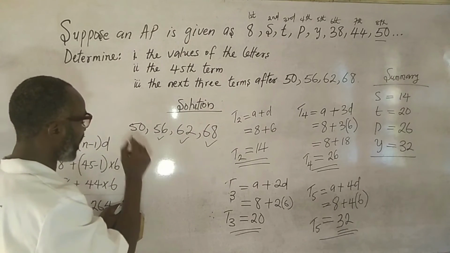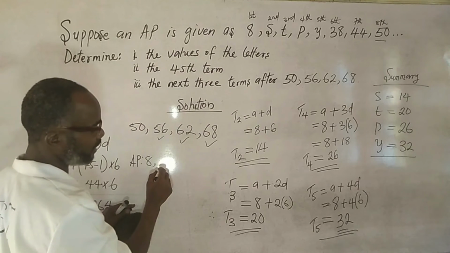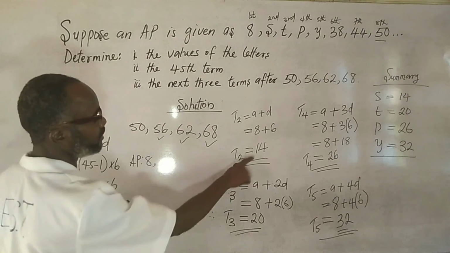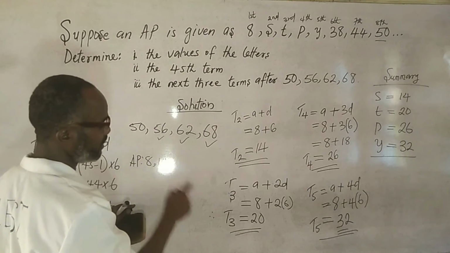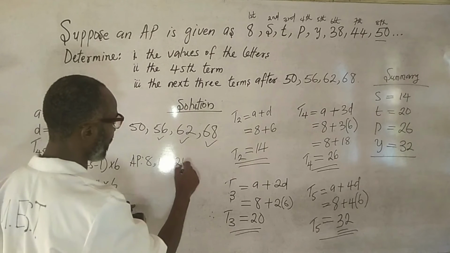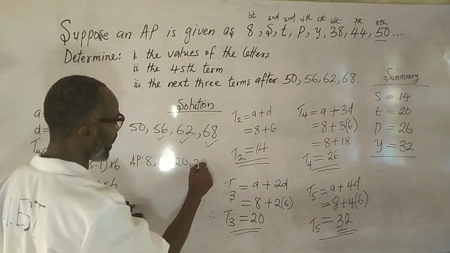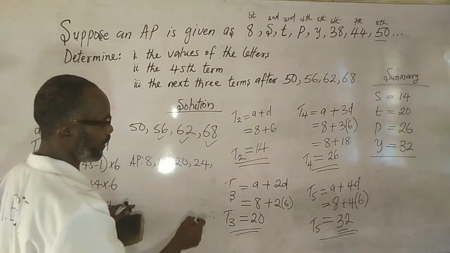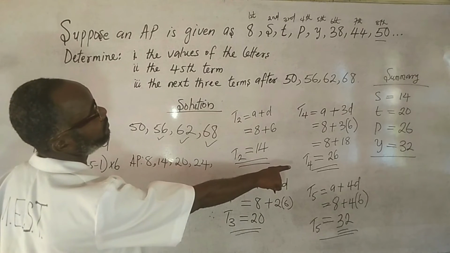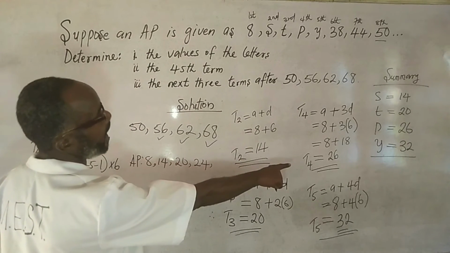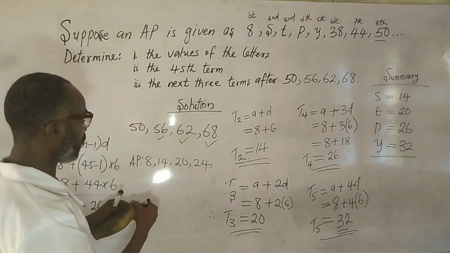So if I should show this, it should be in this form. I have generated this AP to be 8, for x is 14, all right? And then t is 20, then p is 26, and then y.